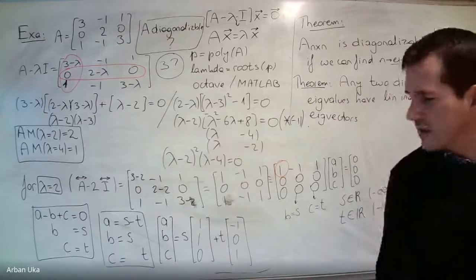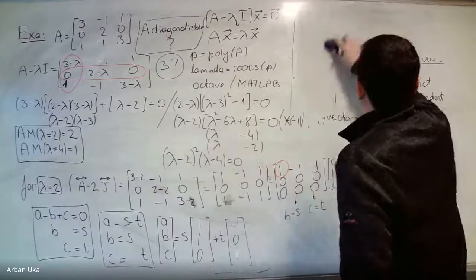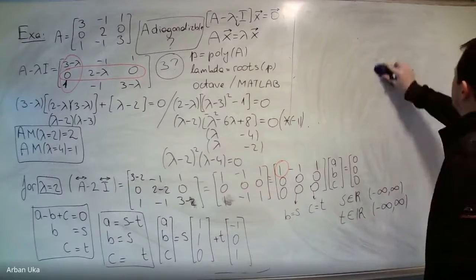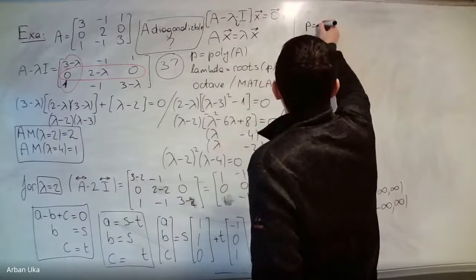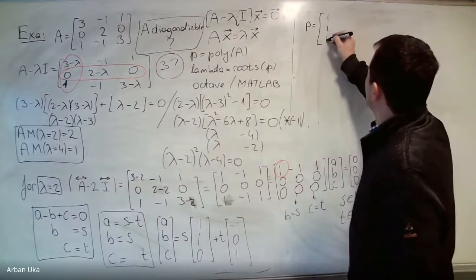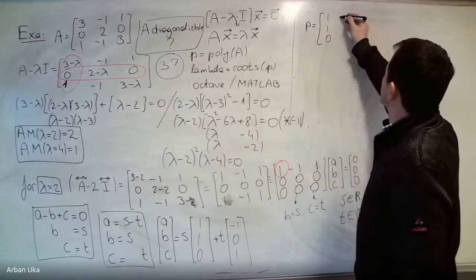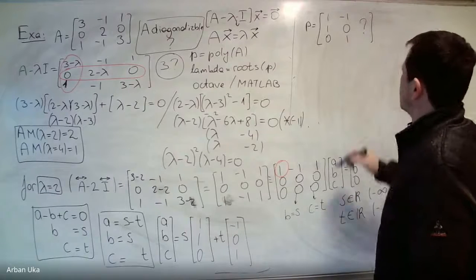So at this stage, we find that the matrix P, if we will be able to find one, is composed of 1, 1, 0, minus 1, 0, 1, and we're looking for the third one yet.